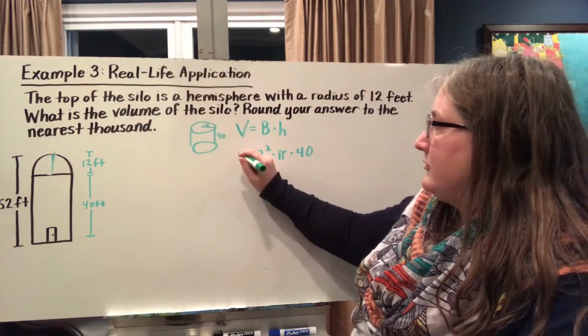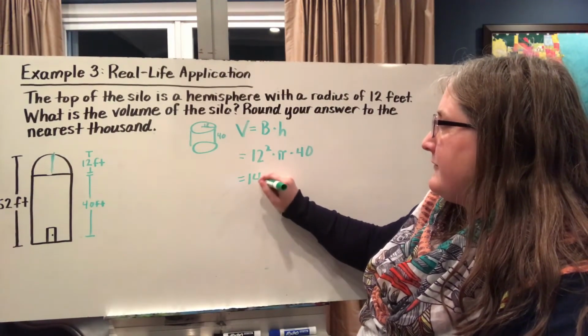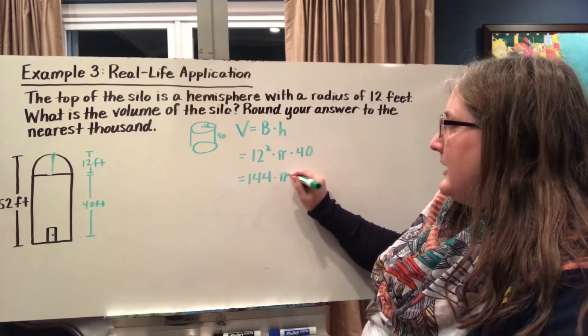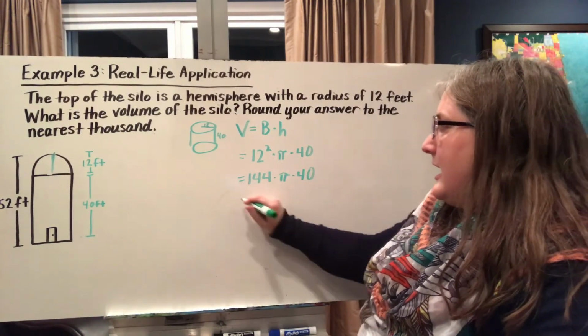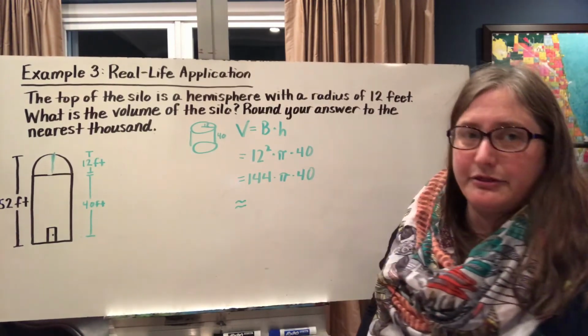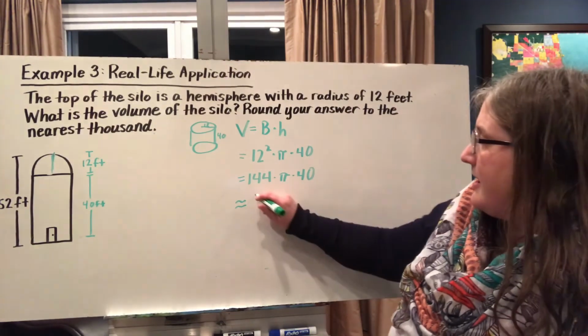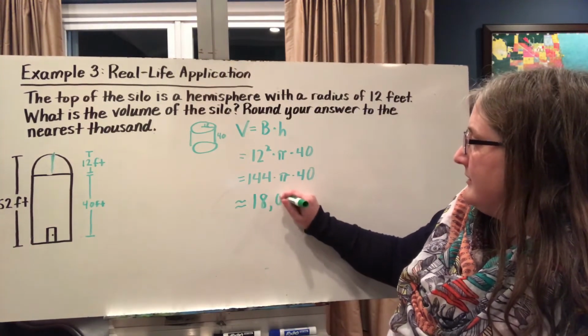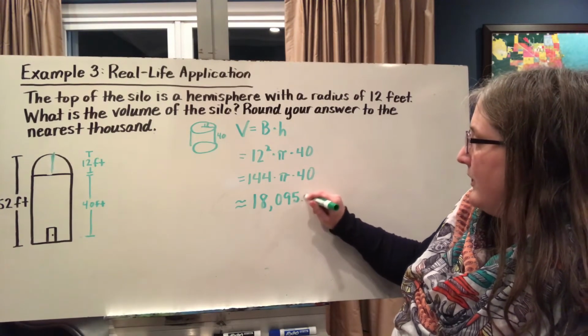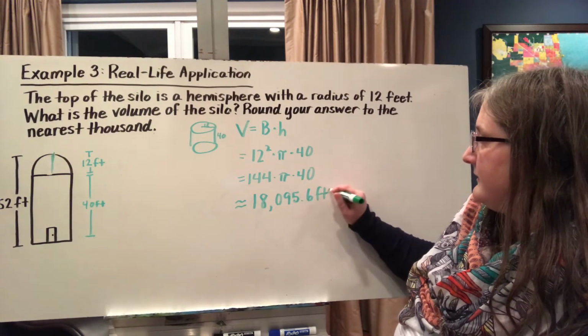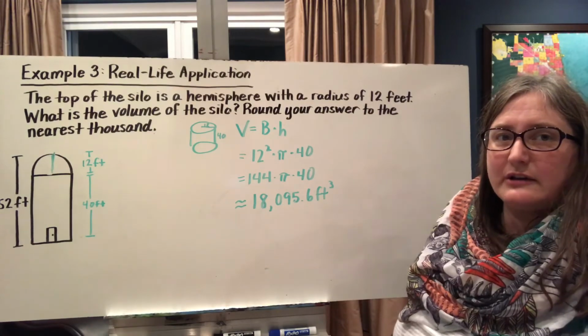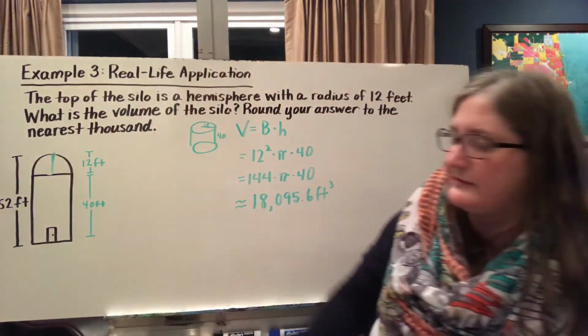So the first thing I want to do is my exponent, so I get 144 times pi times 40. And I'm going to round this to the nearest tenth for right now. So that gives me a total of 18,095.6 feet cubed. Now that's just for the bottom piece of the silo.